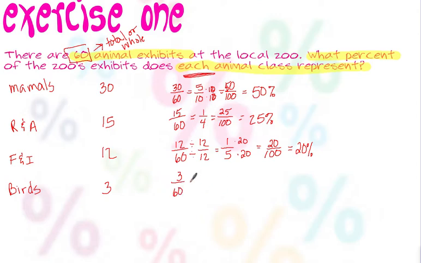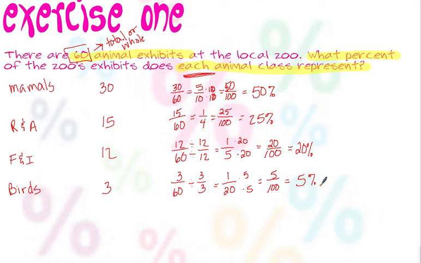And I'm going to go ahead and divide both of those by 3. And I get 1/20. And I know if I multiply both of those by 5, I get 5 out of 100. So 5 per 100, so 5%.